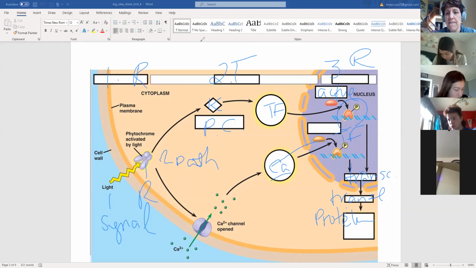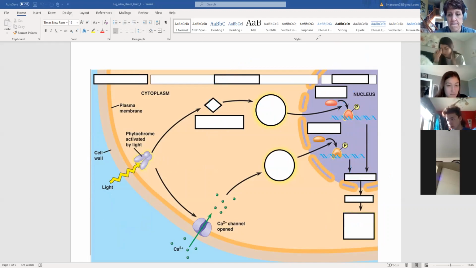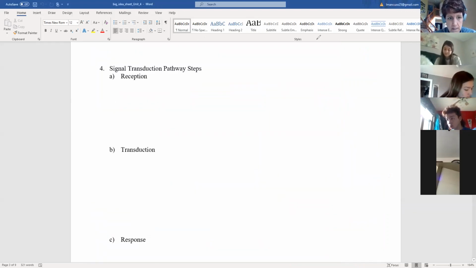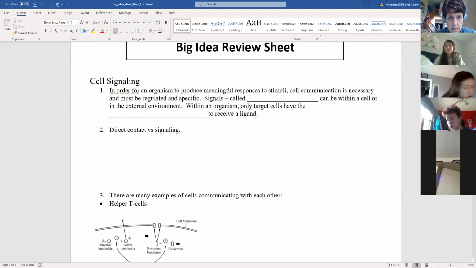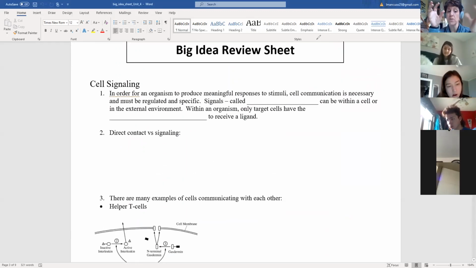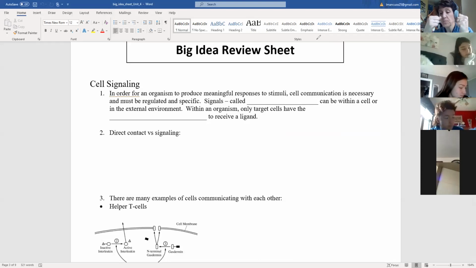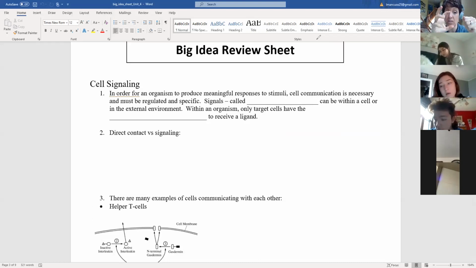All right, next question. What else from this packet? Everybody get the difference between direct contact and signaling? If 2 cells are touching each other, they can signal from one cell to another. Like right now, immune systems are definitely telling other immune cells, hey, I'm a macrophage. I digested this thing in your body and this is what it looks like.